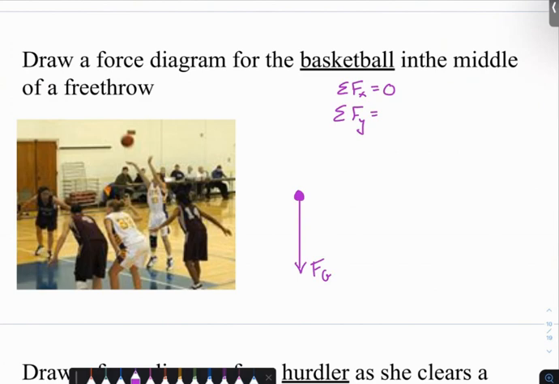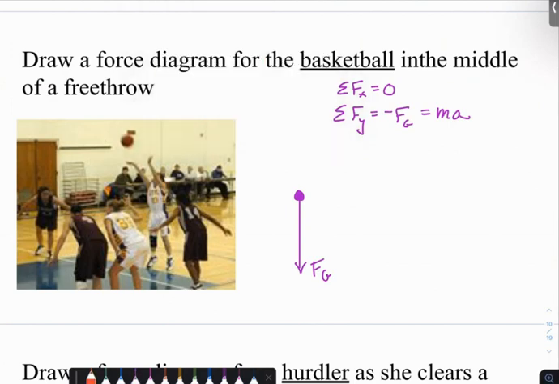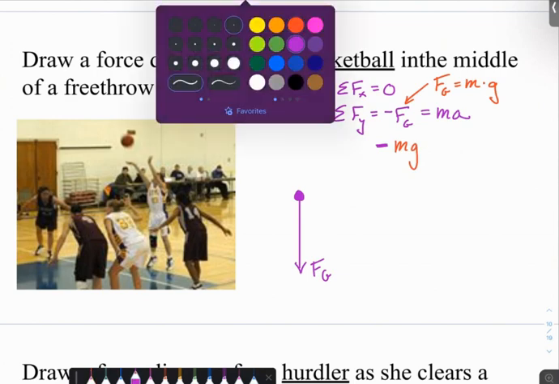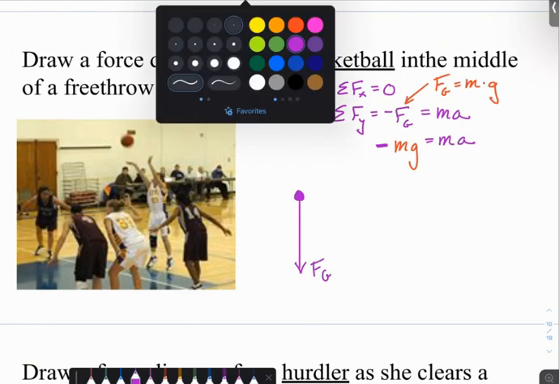There's nothing going up, so there's plus nothing, and then minus Fg, and that's going to be equal to ma. Now, I'm not given the mass of the thing, but we're just going to leave it like that. We're going to plug in again that gravitational force is equal to mass times g. So I'm going to keep that minus sign because that gravitational force was going down. So minus mg, and that's going to be equal to mass times acceleration.